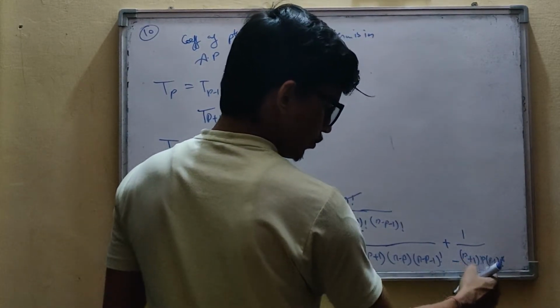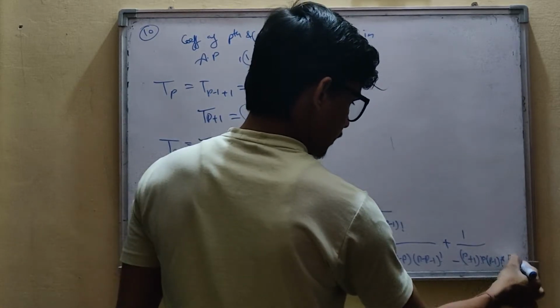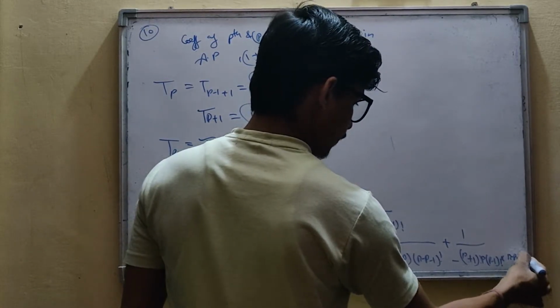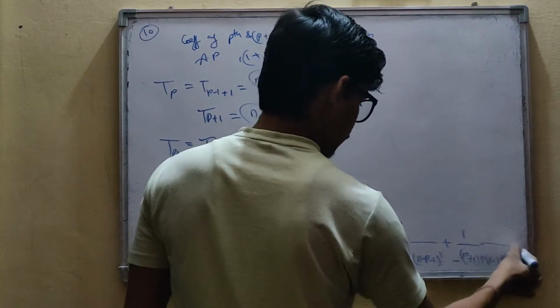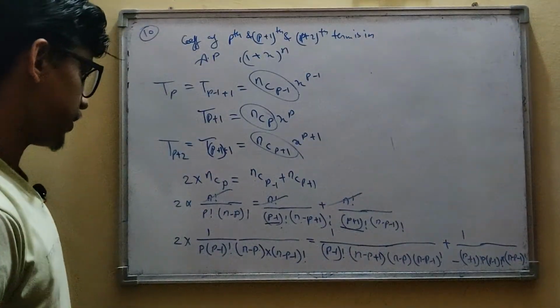It is p plus 1 into p minus 1, and this is as it is, n minus p minus 1 factorial. Okay, so it has become a little bit lengthy, so please pay attention.